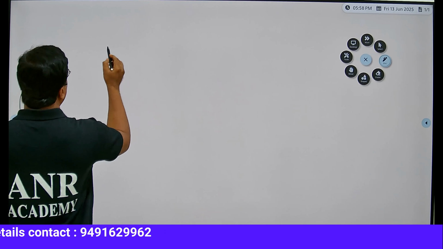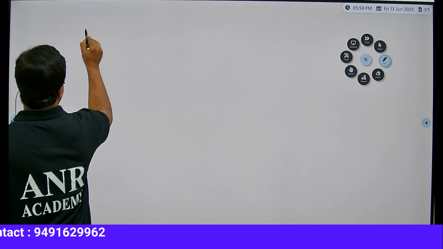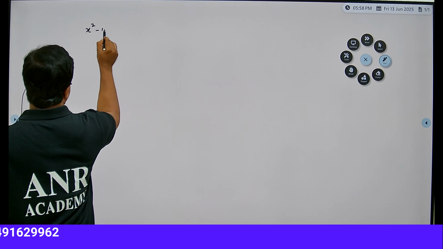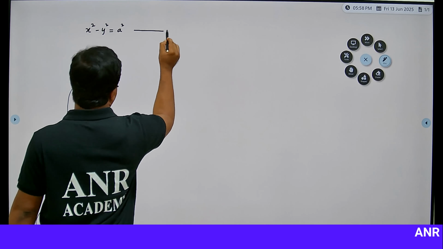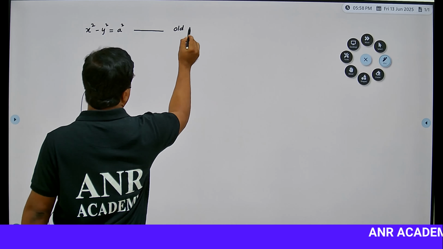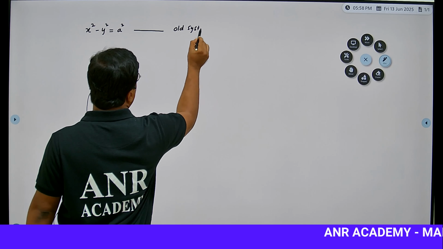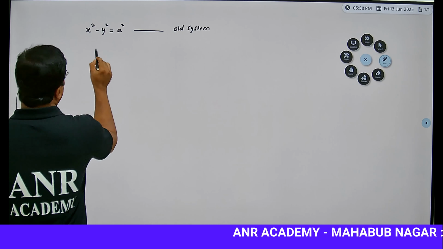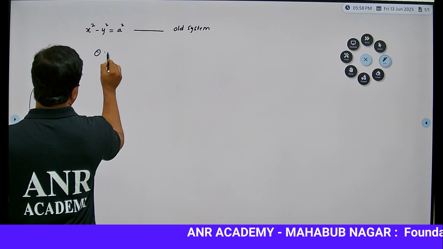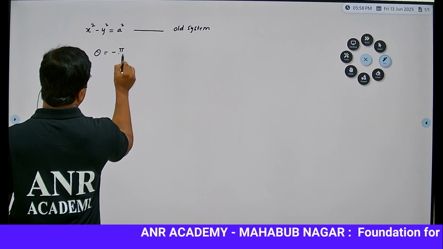Suppose the equation x square minus y square equal to a square is with reference to the old system. And suppose the axes are rotated through an angle theta equal to minus pi by 4.